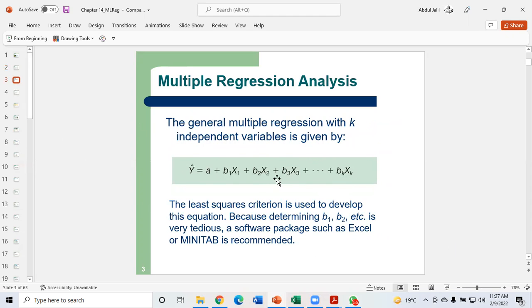Okay, first of all, what does this equation show? Can anyone explain this equation simply, quickly? Daud, if you can explain.